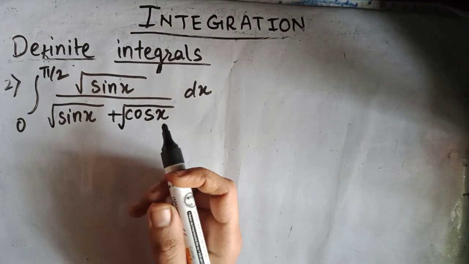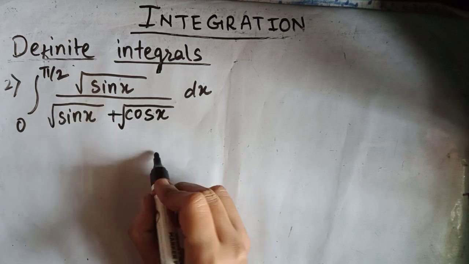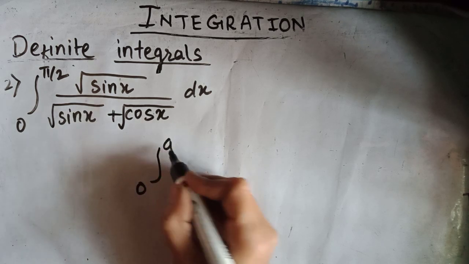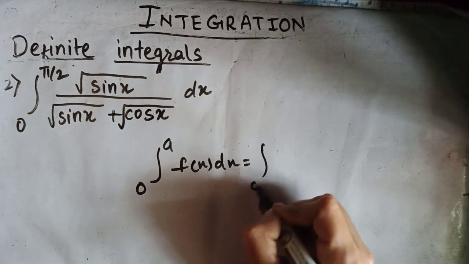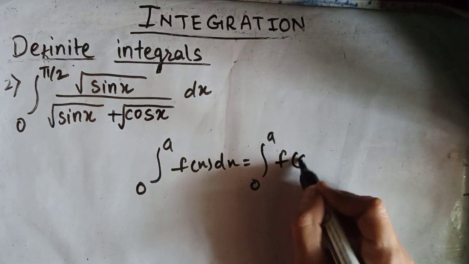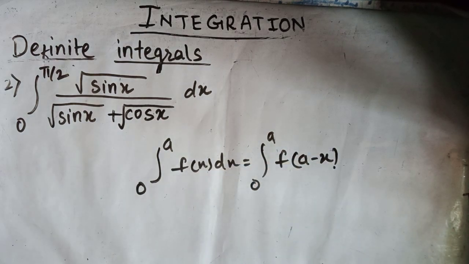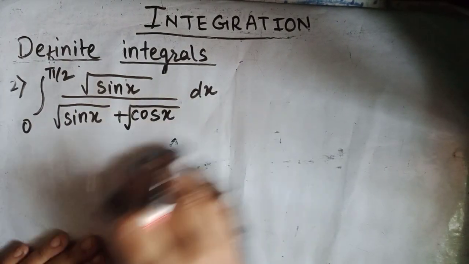Let's solve this. Here you can use the property 0 to a f of x dx equals 0 to a f of a minus x. Here a is pi by 2.